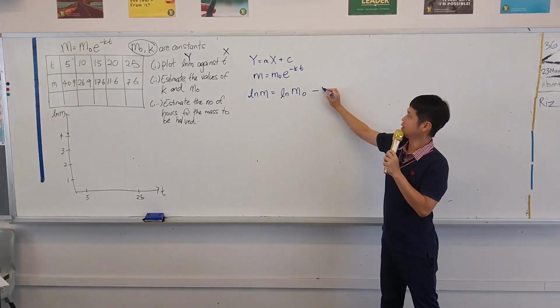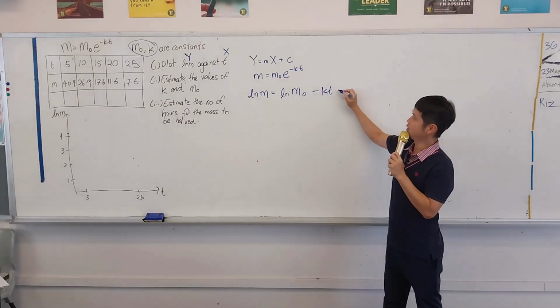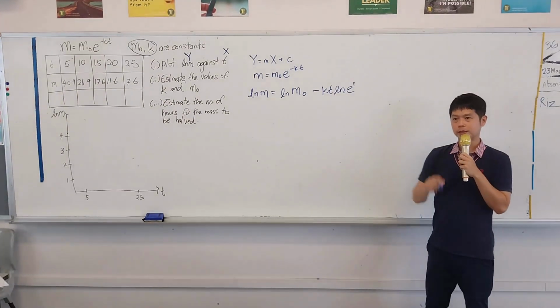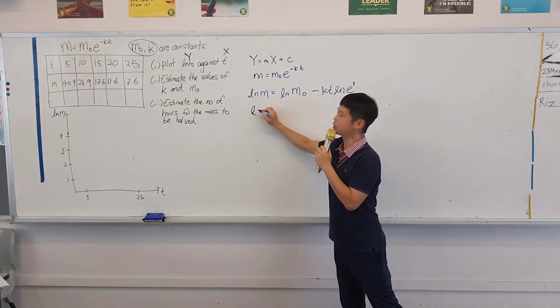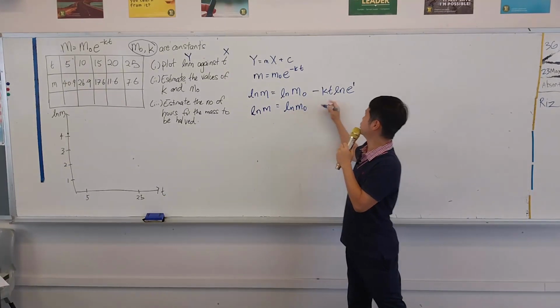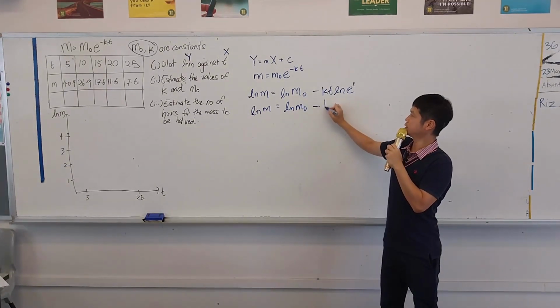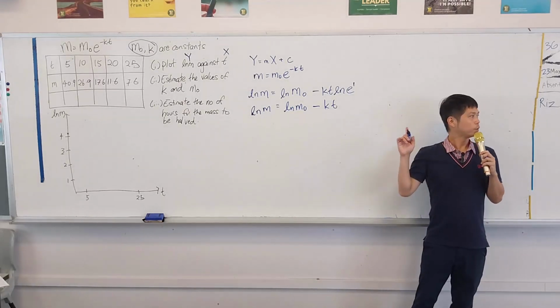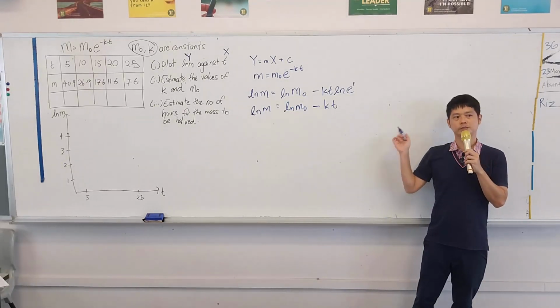So our minus kt ln e. So ln e will be just 1. So we will have, because I cannot skip too many steps, ln m0 minus kt.